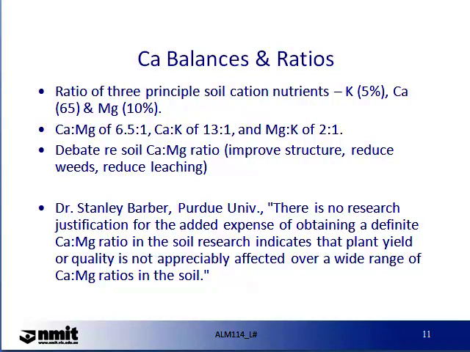The cation ratios resulting from these idealized concentrations are calcium to magnesium 6.5 to 1, calcium to potassium 13 to 1, and magnesium to potassium 2 to 1.